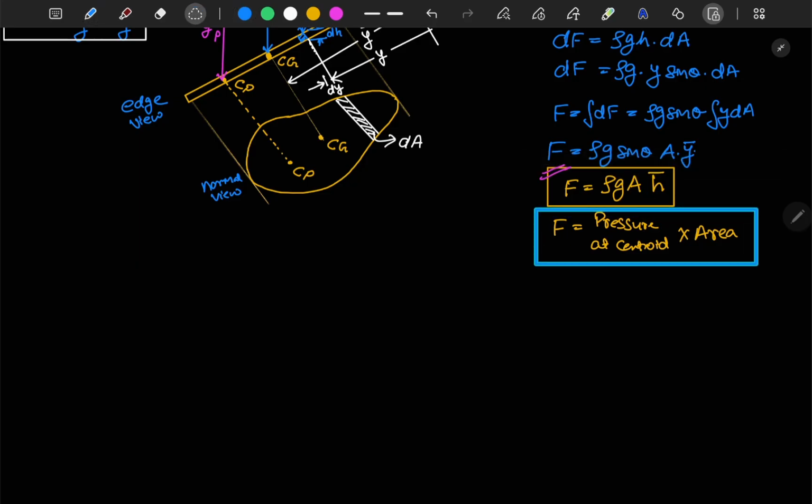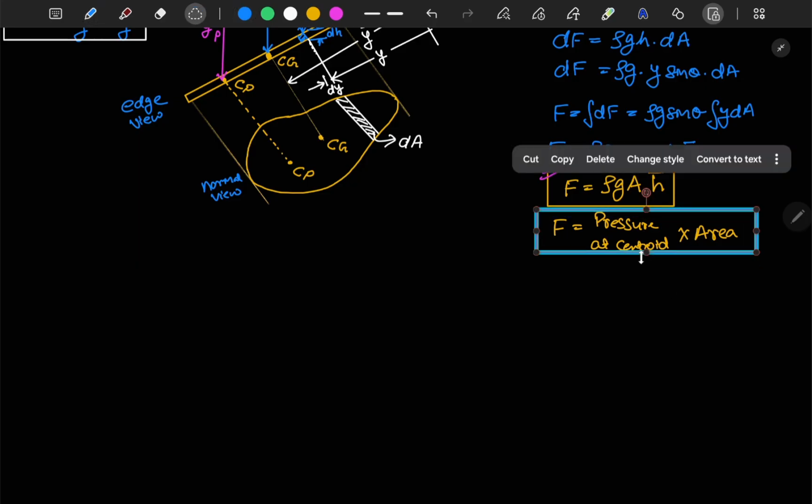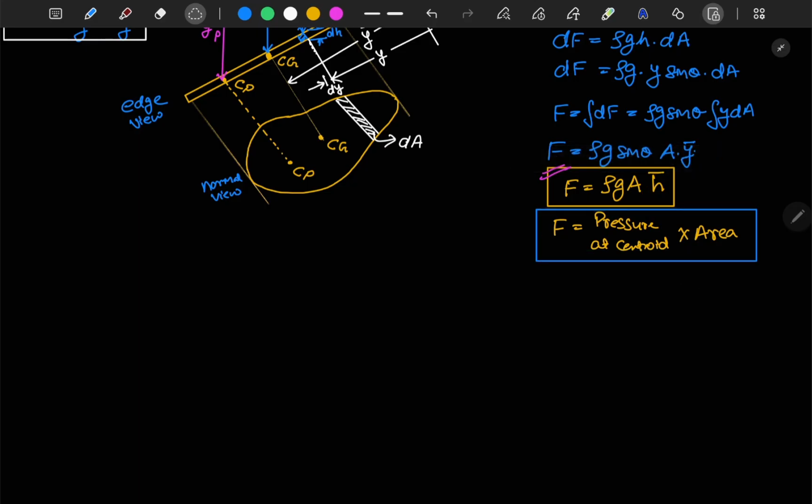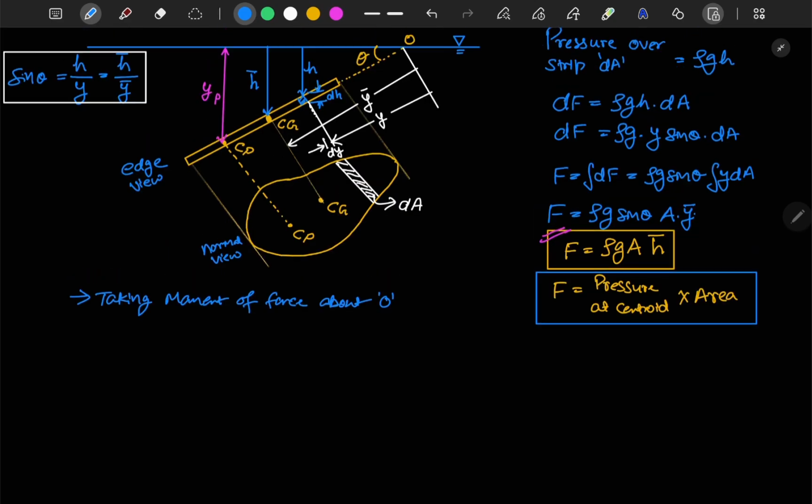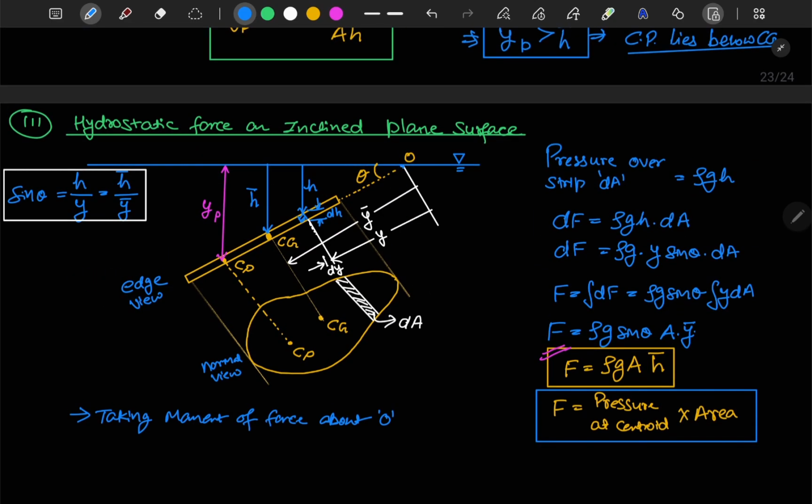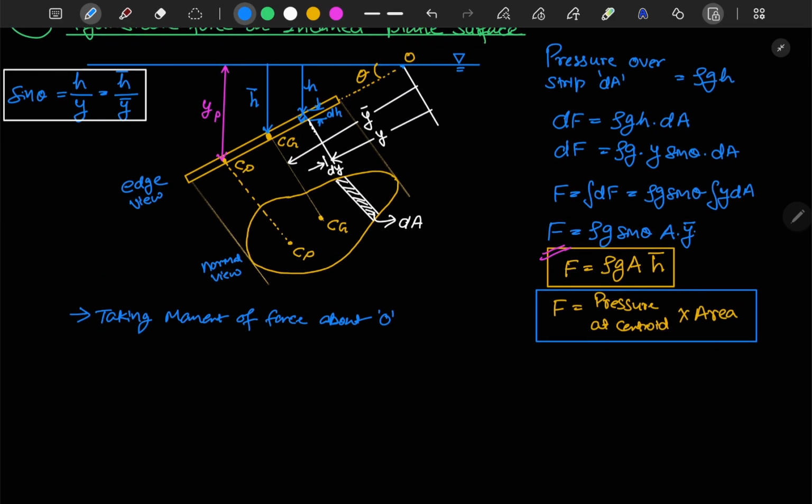Now to calculate the center of pressure, I mentioned earlier that you have to calculate the moment of the force. So taking the moment of force about O, and this point here is O. About this point we will take the moment.